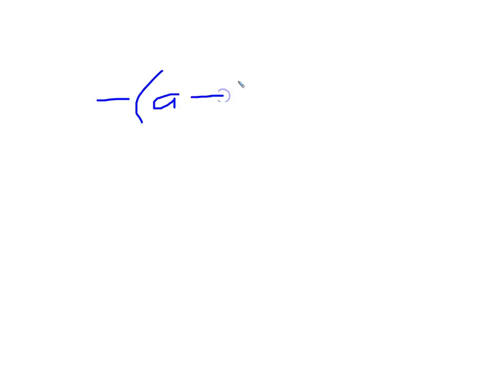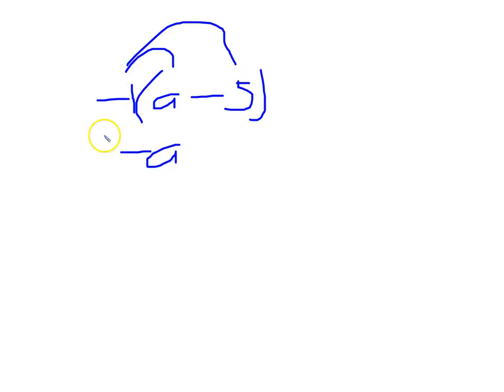So we're going to distribute this negative 1 to everything inside. Negative 1 times a is negative a, and negative 1 times negative 5 is plus 5. So that's the process whenever we have a multiplicative property of negative 1.